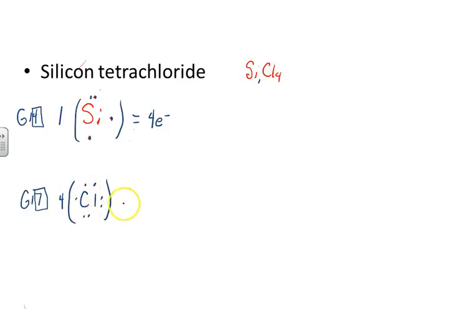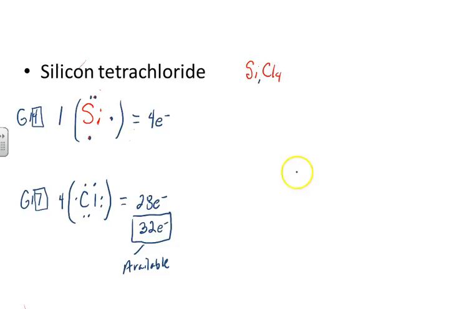So we've got 7 times 4 would be 28 electrons. Each chlorine atom has 7 multiplied by 4 atoms. It's going to give us a total of 32 electrons as we add those together. Now, these are the electrons that we have available as valence electrons to gain, lose, and share, and here we're going to be sharing.